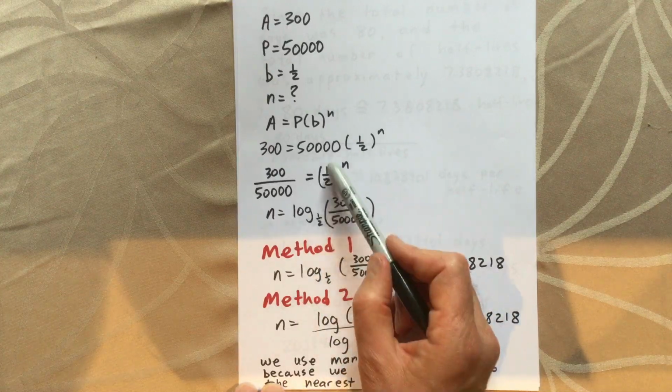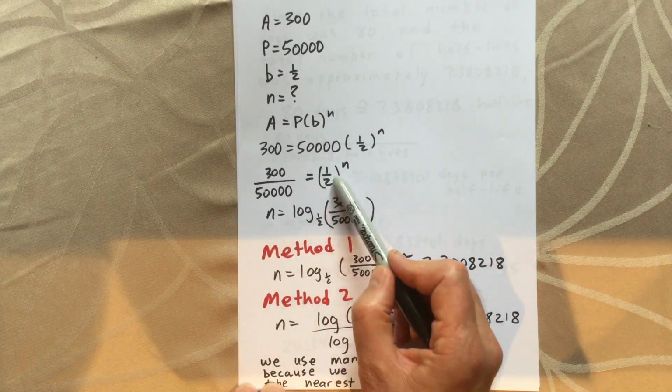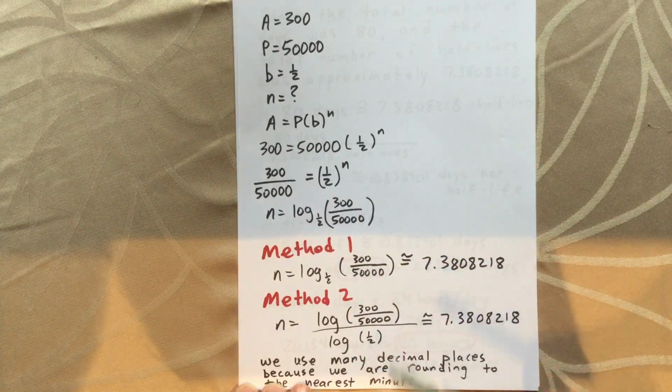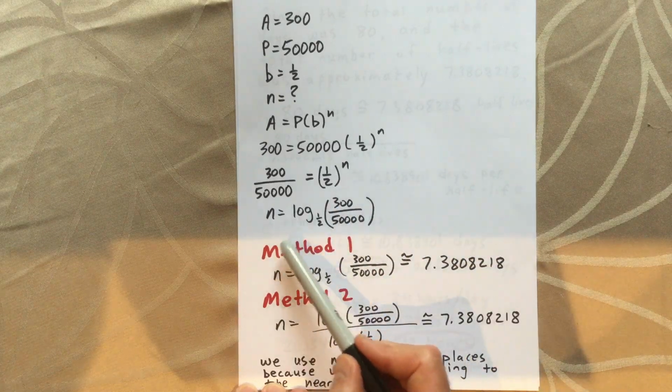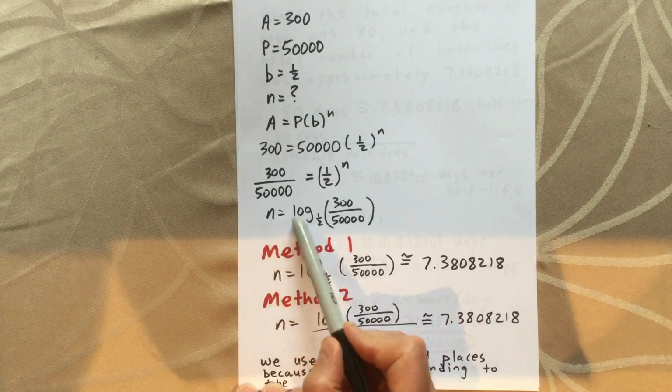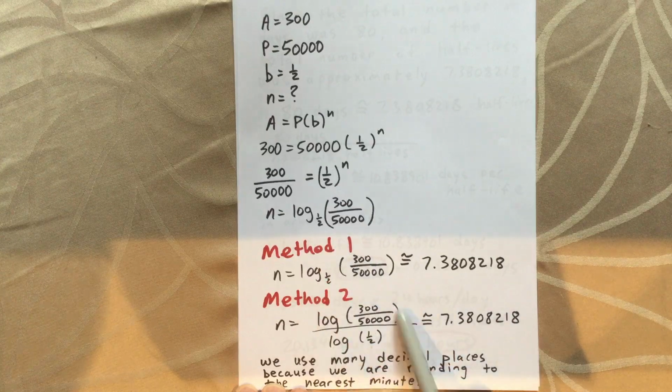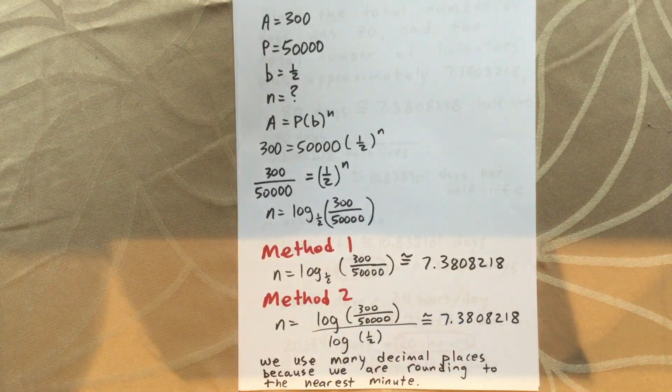So the base of the exponent, that 1/2, when you're using the second method, goes in the basement of the fraction, the denominator. So again, if you don't have a great calculator, n will be the log of 300 over 50,000 divided by the log of 1/2. And that is approximately 7.3808218. You might wonder why we're using so many decimals. It's because we're rounding to the nearest minute.